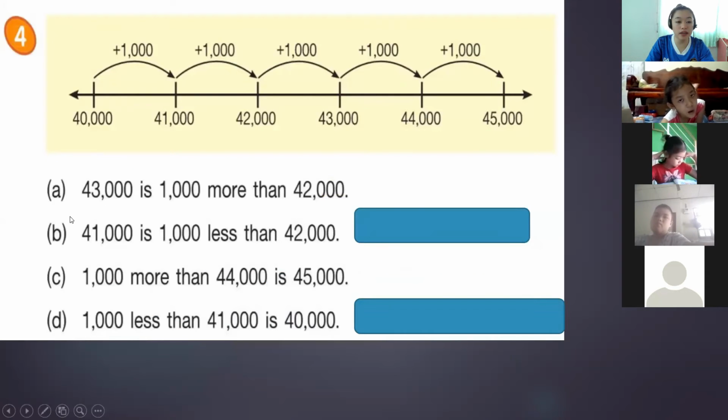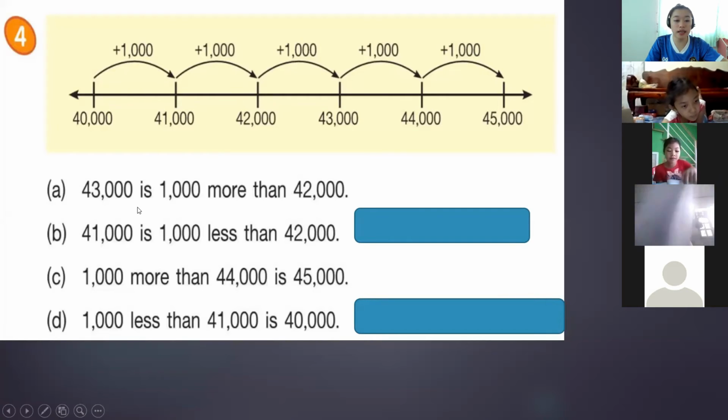Okay, so we have here on page 20 of your book. We're going to read the statements for us to review. Letter A: 43,000 is 1,000 more than 42,000.